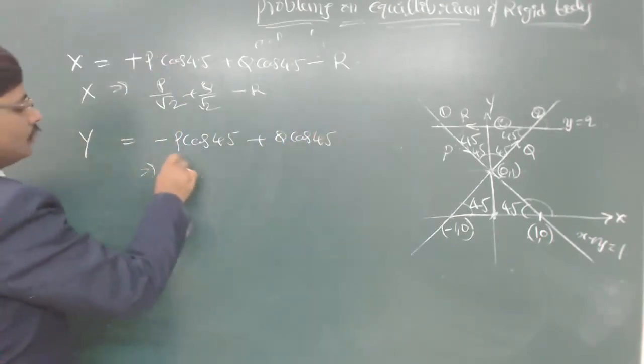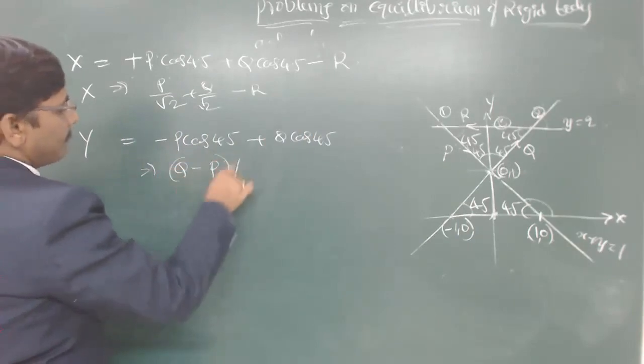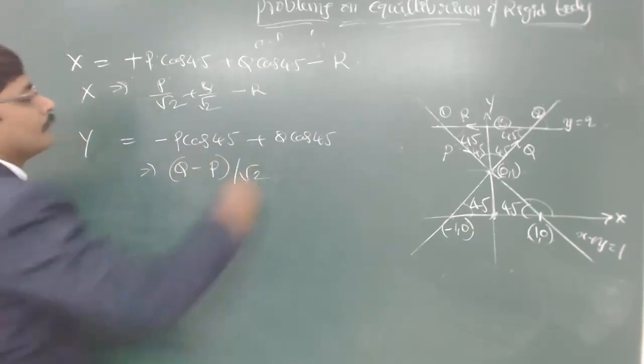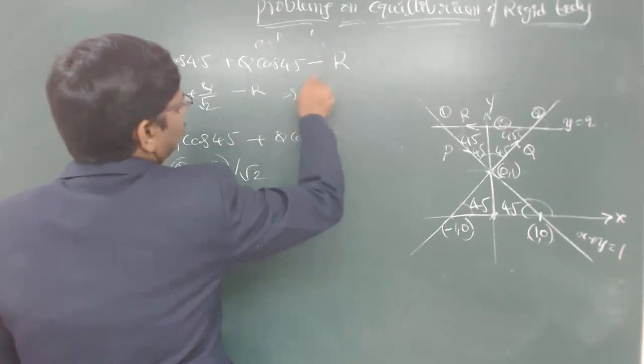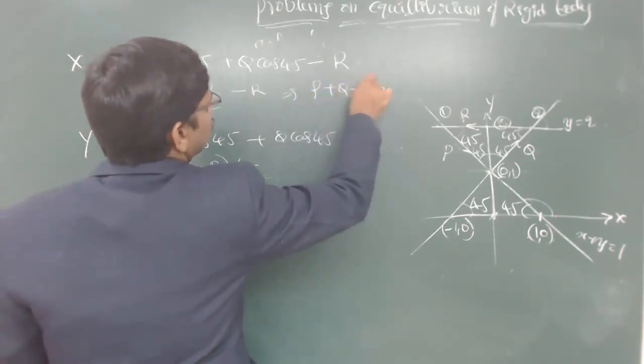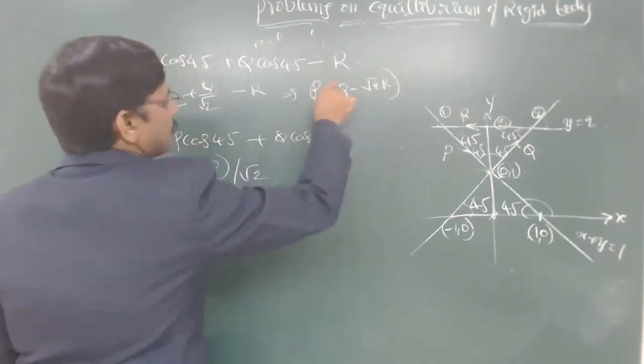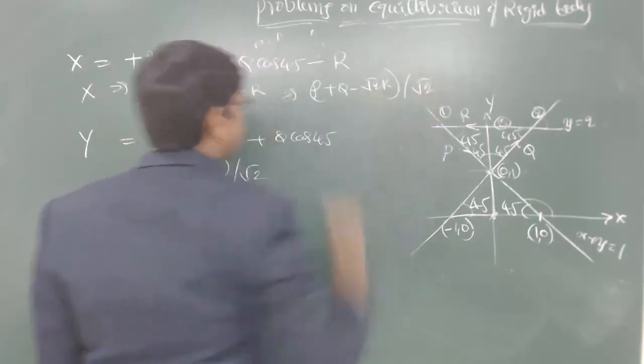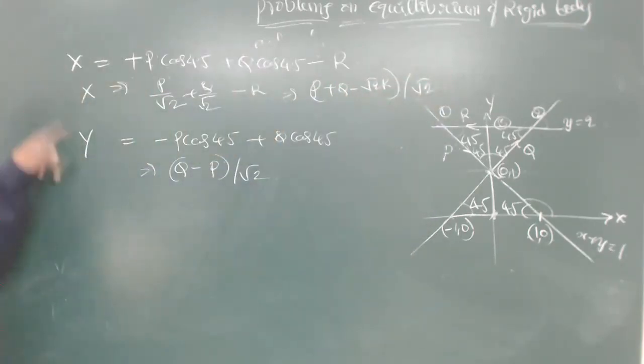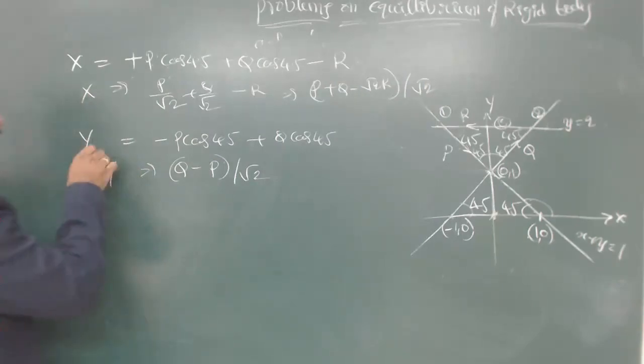That means this is Q minus P by root 2. So X is P plus Q minus root 2 R divided by root 2, and this is Y. We have got two different values.